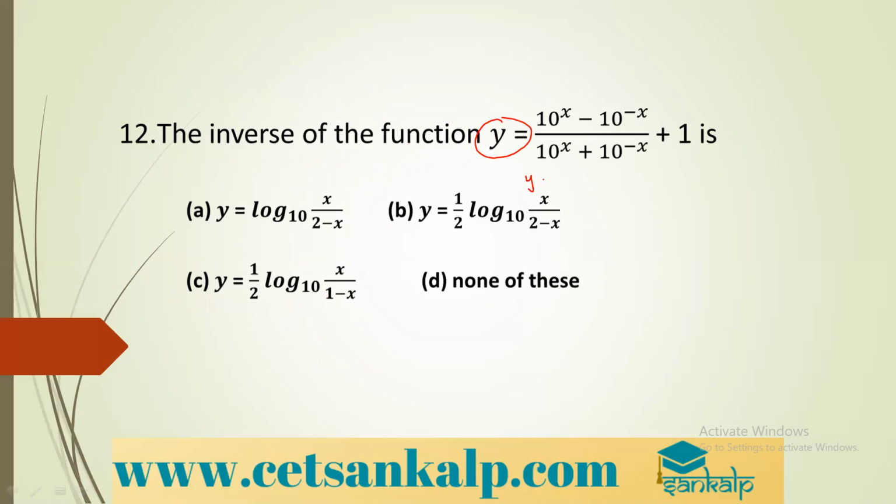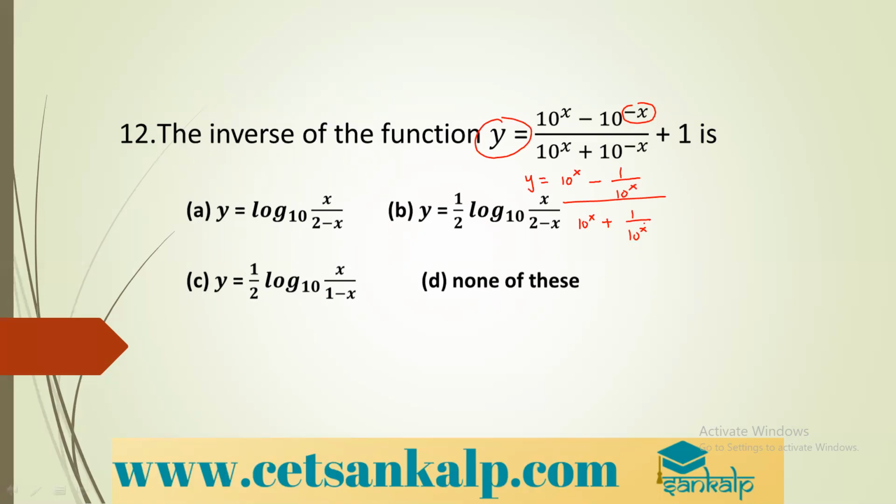So for that, what I will do, some necessary arrangements. 10 power x minus 1 by 10 power x. Because the power is negative, I took it to the denominator to make the power positive. Similarly, in denominator, 10 power x plus 10 power minus x will be 1 by 10 power x.